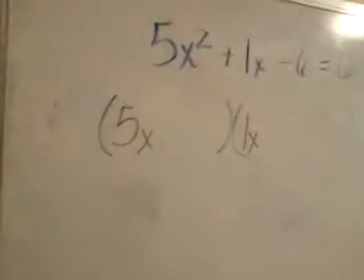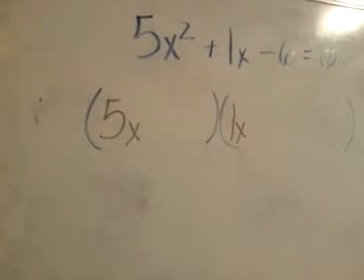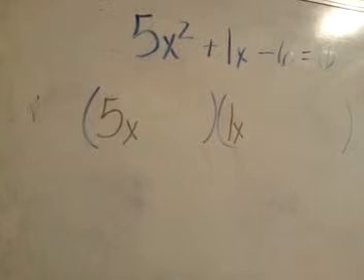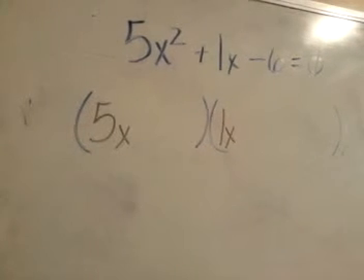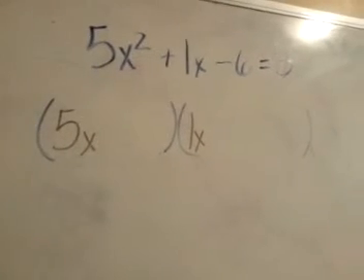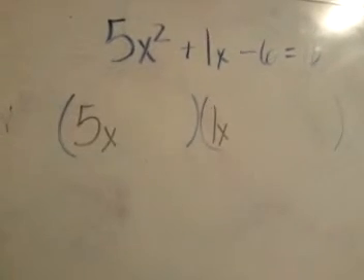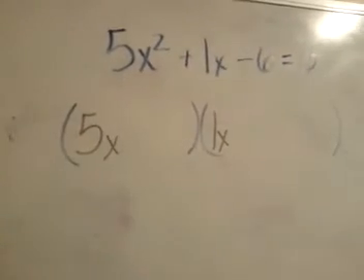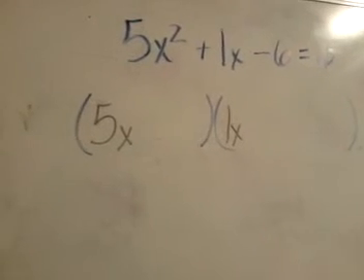Quick review. Let's say you had, and this is only, wow, almost 3 minutes already. Okay, let's say you had 5x squared plus 1x minus 6 equals 0, and you need to factor this and find out the 2 times where x equals 0. Okay, here's how you would do it.